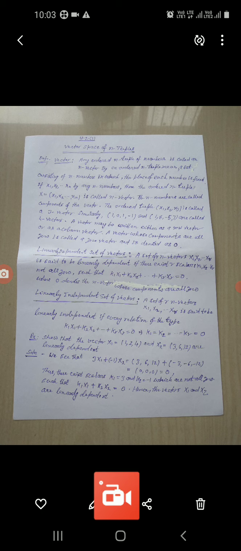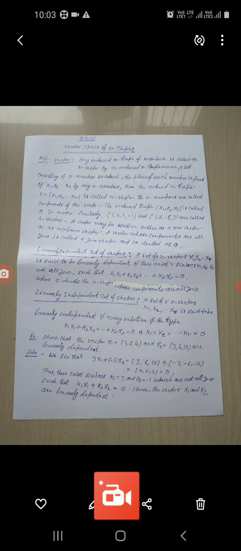Similarly, 1, 0, 1, minus 1 and 1, 8, minus 5, 7 are called 4 vectors, since there are 4 components of each vector.